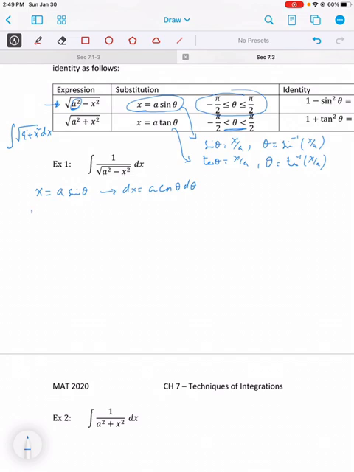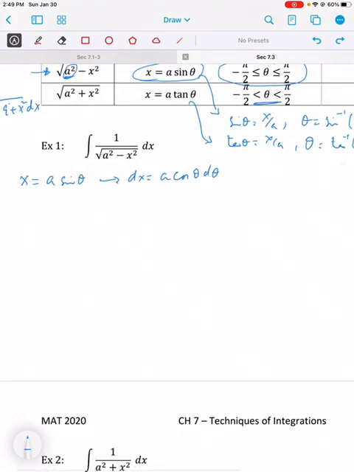And so we substitute and we end up getting the integral of 1 over square root of a squared minus, now be careful, you have to square the whole quantity a sine theta. You have to square this whole quantity.